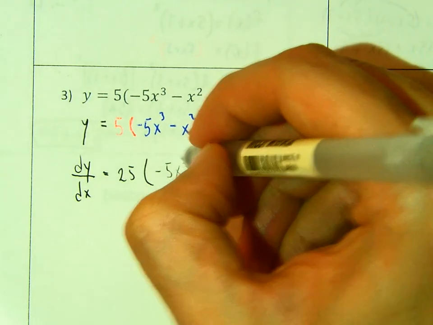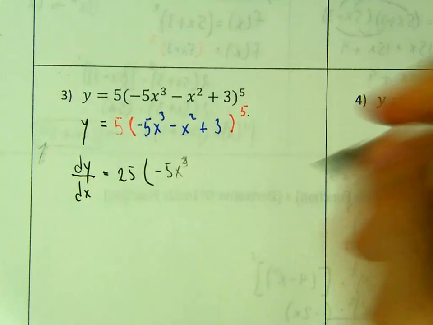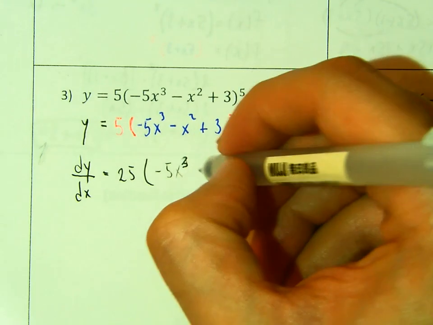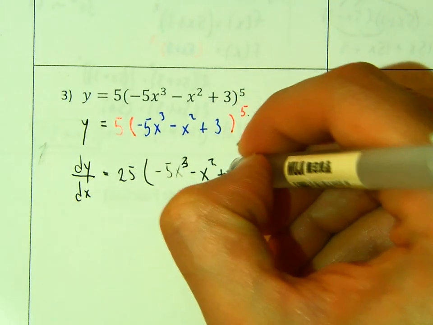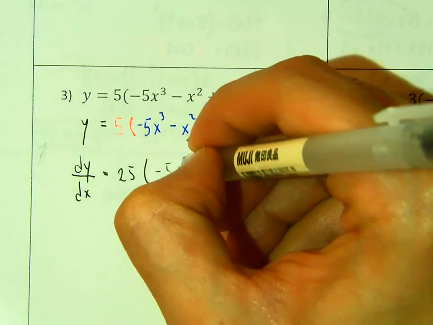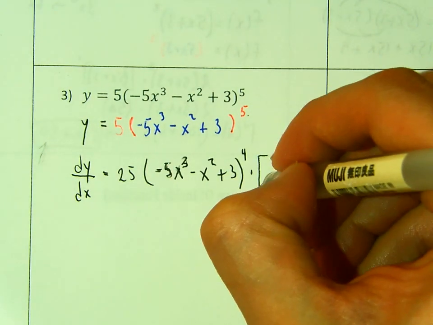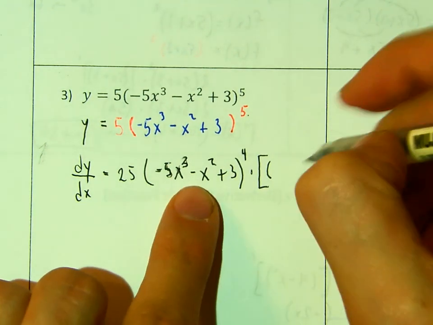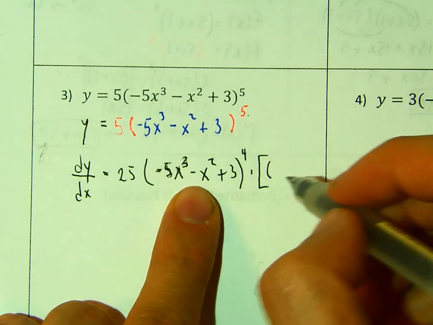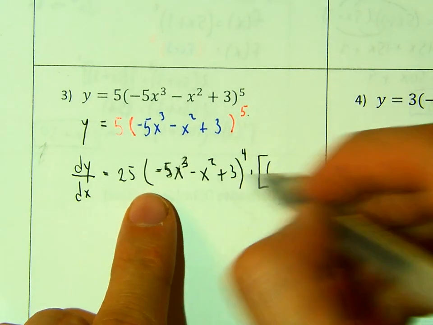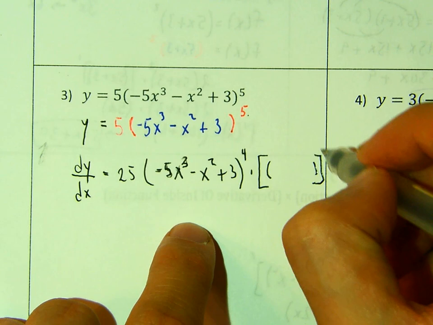Oh no, it's running out of ink. Oh crap. Cubed minus x squared plus 3, to the 4, okay. Times the derivative of this outside part over here, and I don't have space for it, but just, you know, this goes here, right? Okay.